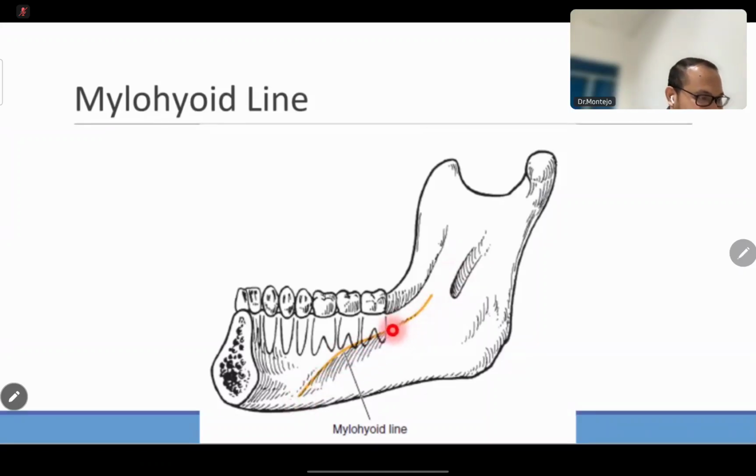So in this illustration, take note of the roots of your last two molars, your third and your second. Look. Are they superior or inferior to the mylohyoid line? Where are they located? Up or down the mylohyoid line?